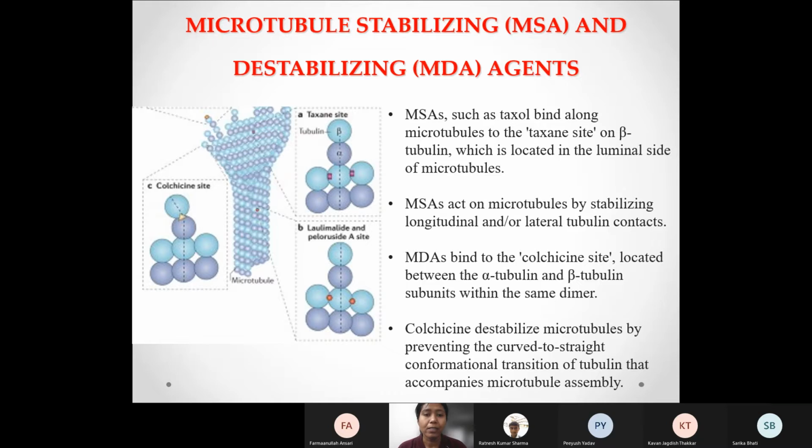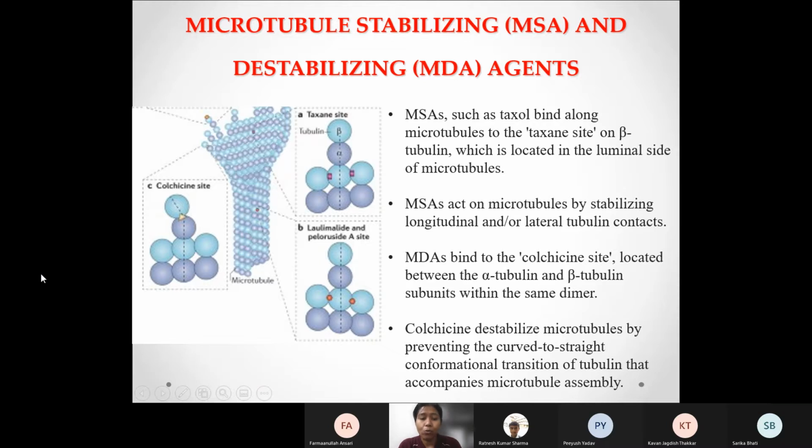For example, agents like Taxol bind to sites in contact between two adjacent protofilaments, and they seem to stabilize the structure. So if you want very stable microtubules in solution, you add a little bit of Taxol. But if you want to destabilize the structure, then you can add some other agents such as colchicine.